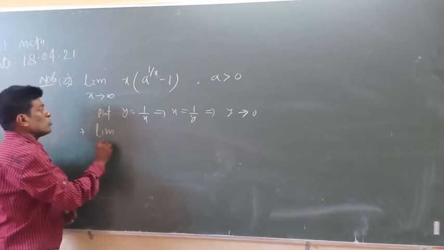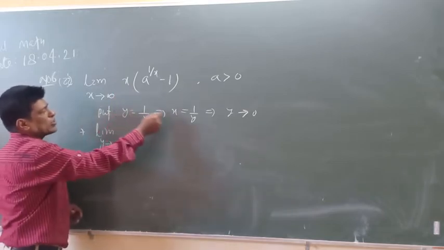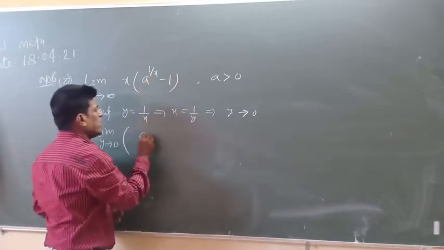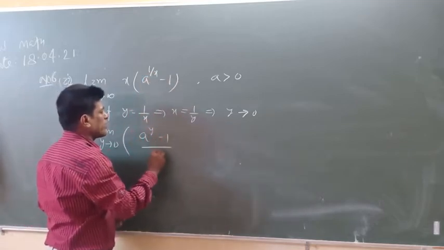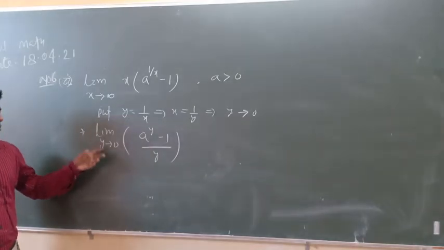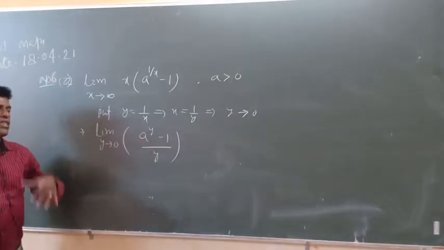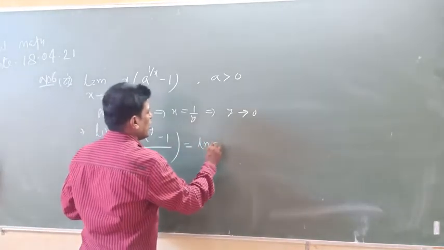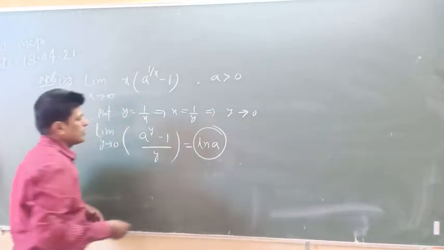Limit y tends to 0, x means 1 by y, 1 by x means y, so a to the y minus 1 by y. You know the direct formula, that is ln a. Limit y tends to 0, a to the y minus 1 by y, that is the formula. It is very easy. Ln a, that is your answer.